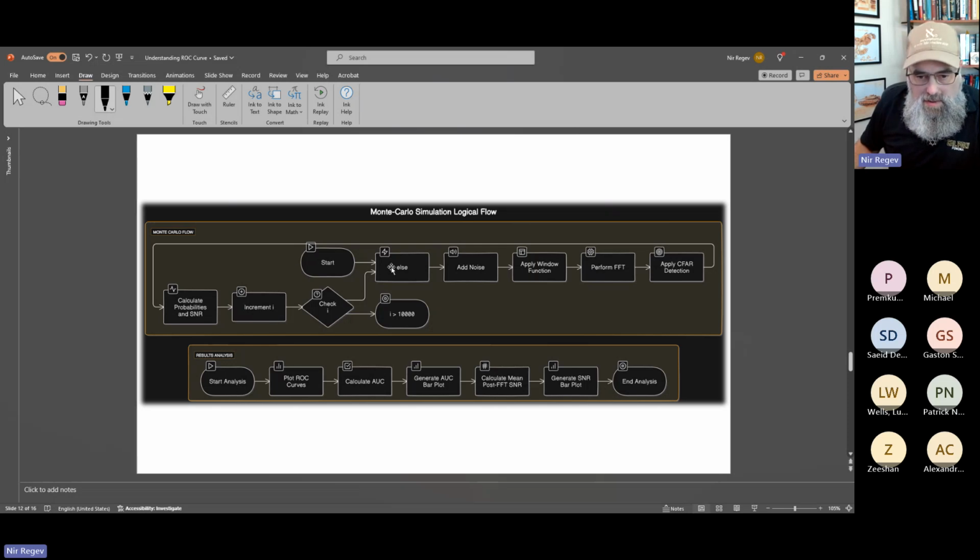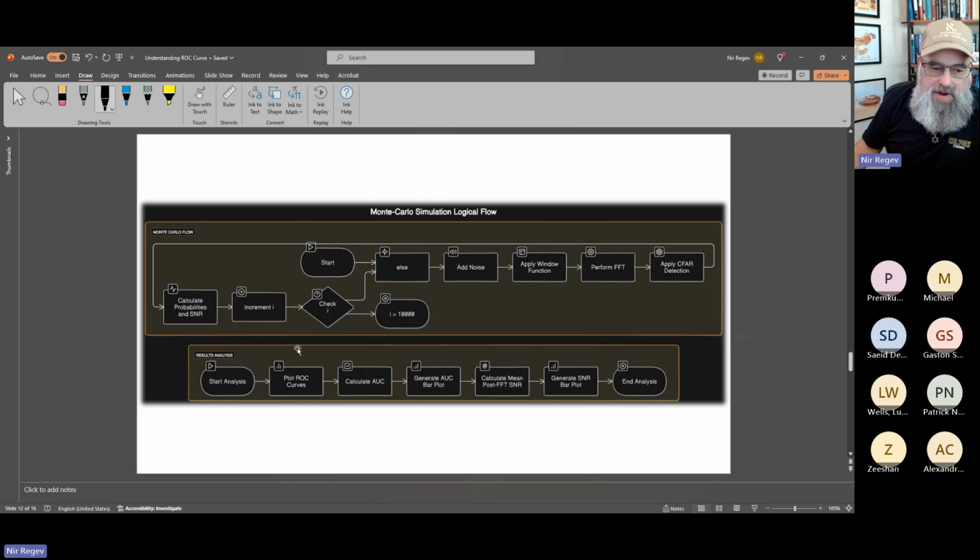We generate a pulse, we add noise, we apply a window function, we perform the FFT, we apply CFAR for detection, we calculate probabilities and SNR, we increment the counter, and we check the counter. If the counter has reached 10,000, for example, we stop. Otherwise, we go ahead and generate another pulse, another chirp, and so on and so forth.